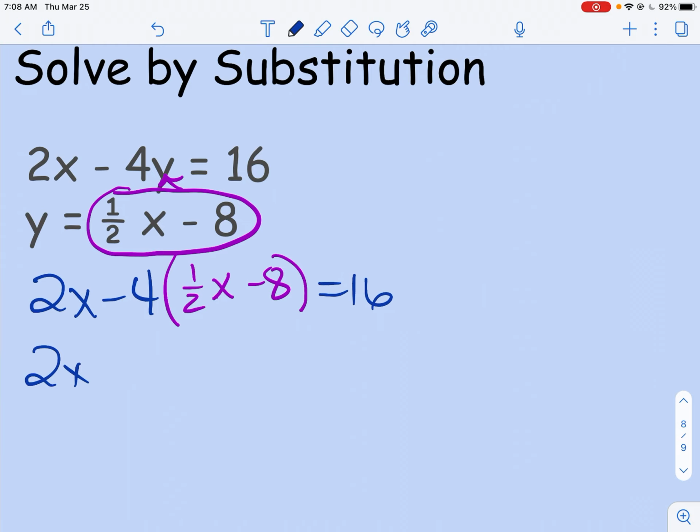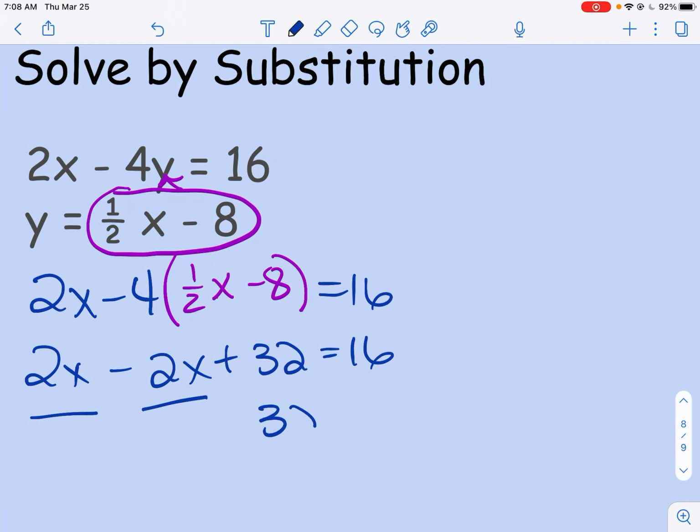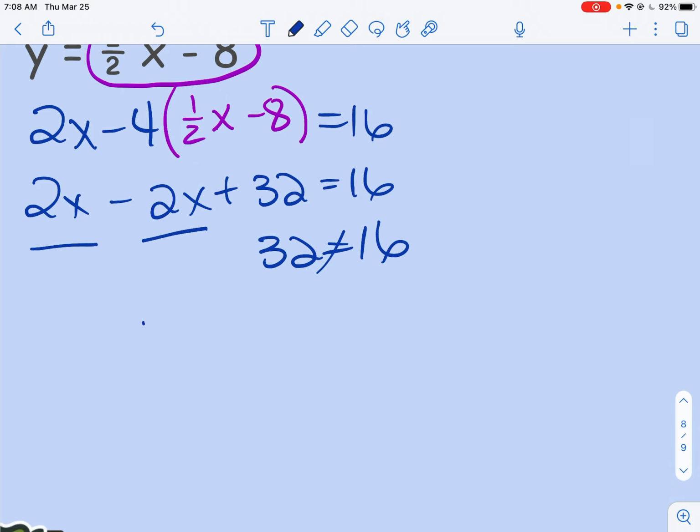So 2x minus 4 times 1/2 gets 2x. Negative times negative is positive, and then you get 32. 2x minus 2x, those cancel out. So 32 equals 16. That is untrue. That is a false statement. So this is no solution.